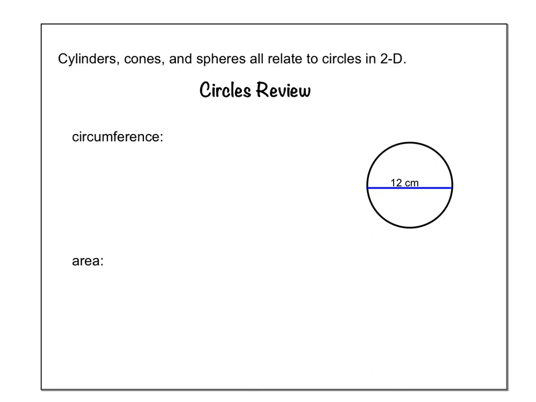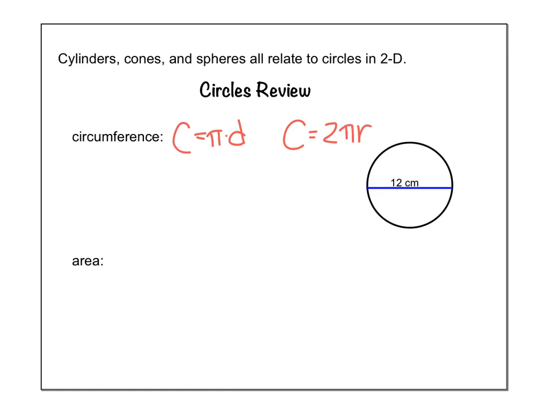Since we're talking about circular bases, we're definitely going to need to use the circumference and area formulas we learned during our circles unit. Circumference, remember, is like perimeter for a circle. It is the distance around the circle. And for that, we actually had two formulas. The first one was pi times diameter, so if you had the diameter instead of the radius, that was a little better. The other one, changing diameter into radius, was 2 pi r.